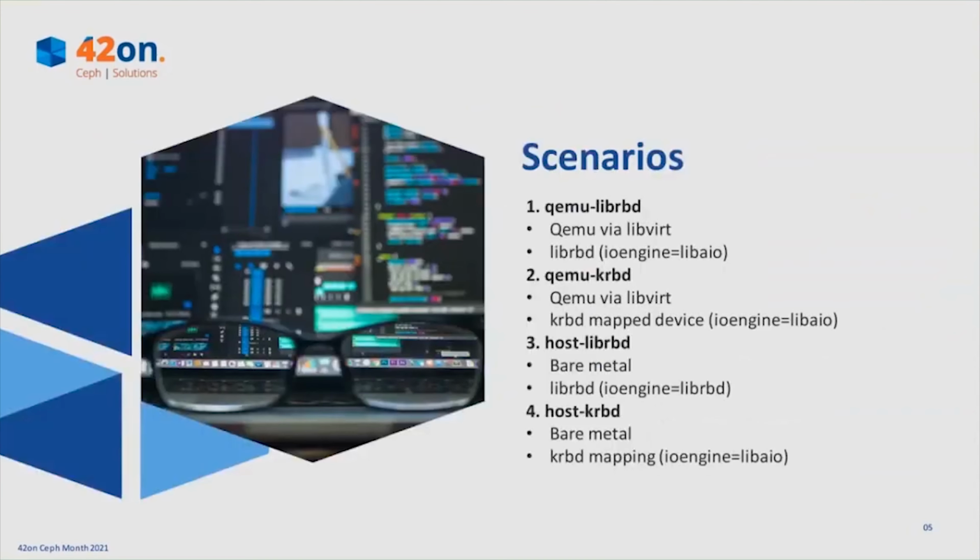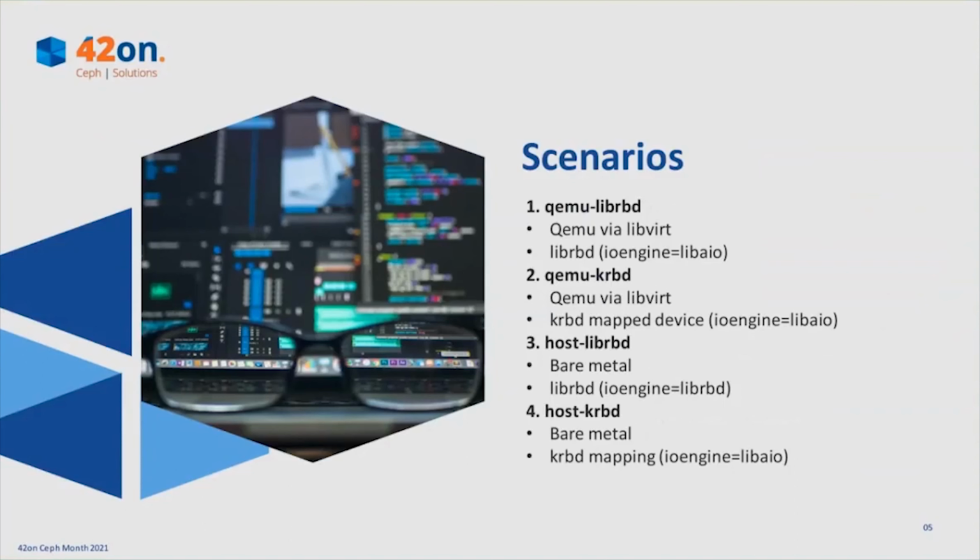There are 4 major scenarios that we have defined for this particular test. It's QEMU using librbd, and we will be doing the test inside of the virtual machine using the libaio engine. QEMU using krbd, also via libvirt, same IO engine.